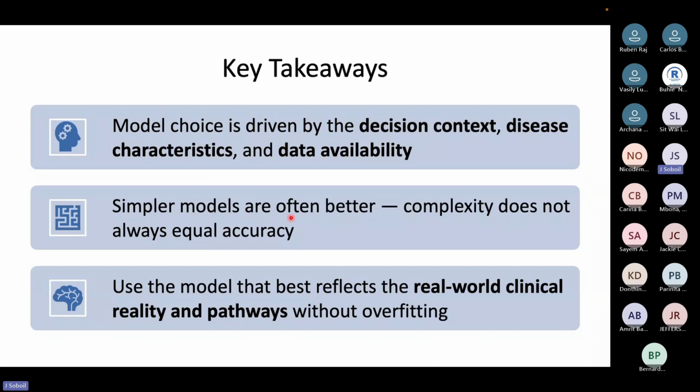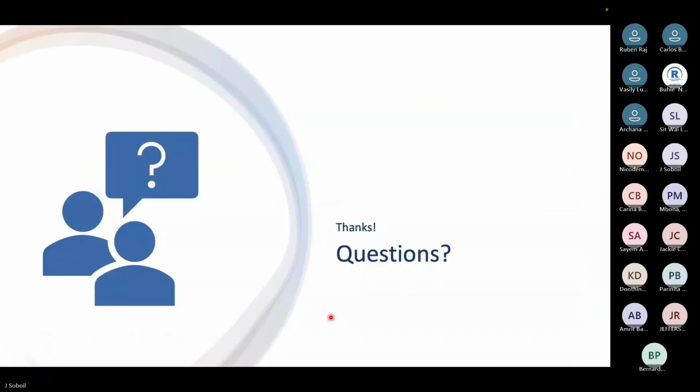Simple is often better. Complexity does not mean it's more accurate. In fact, it can be the opposite, especially when you don't have much data. And always use the model that best reflects the real-world clinical reality and pathways without overfitting to those pathways.